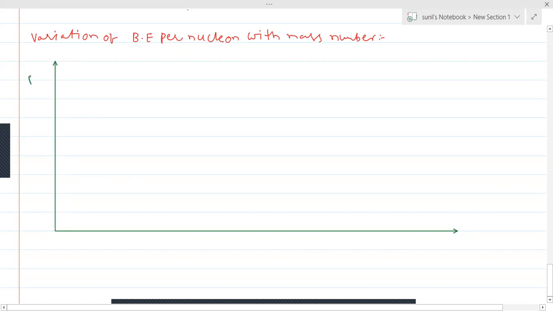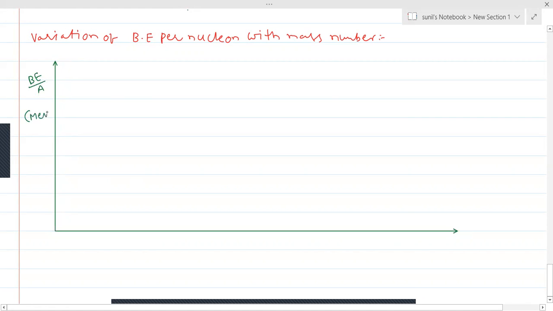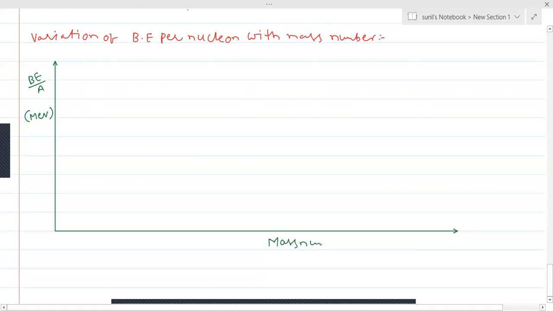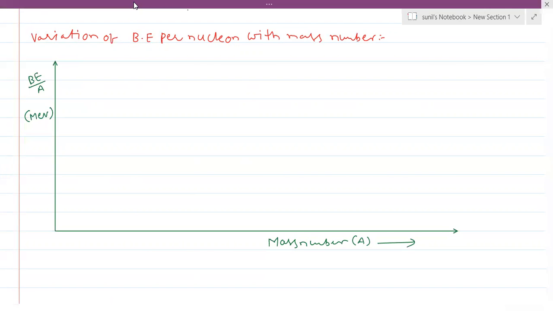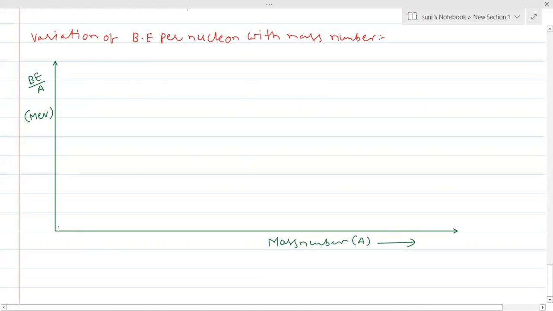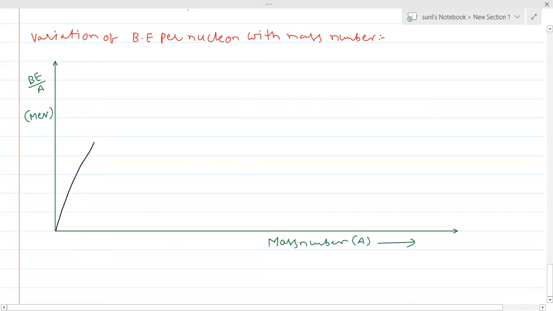On the y-axis we take binding energy per nucleon, generally expressed in mega electron volts, and on the x-axis we take mass number, capital A. Here we are going to see a graph which is almost similar to a straight line, and we have some ups and downs.